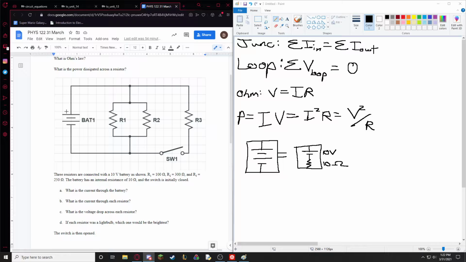And then what law do we use? Shoot, I won't be able to name the law, but it's an equation. Yep. And then how would we actually solve for the current?